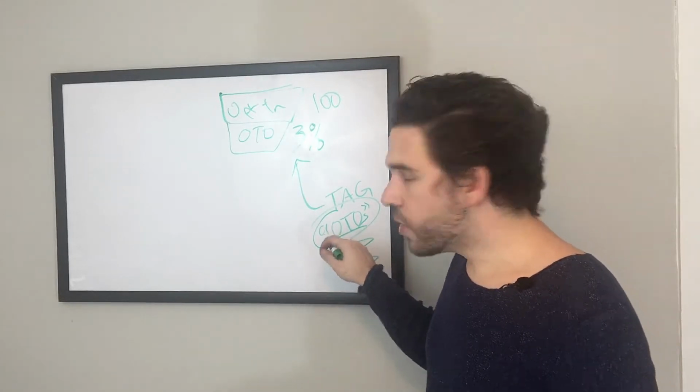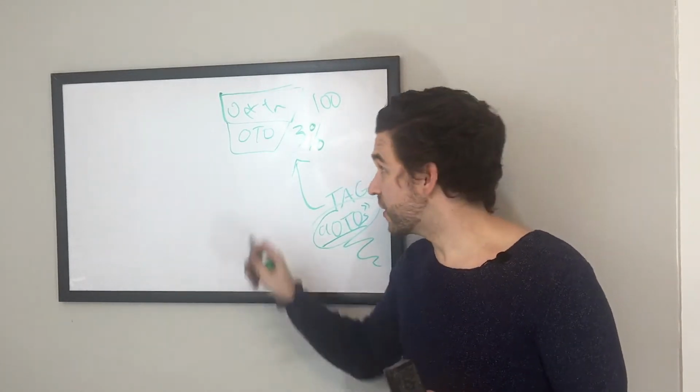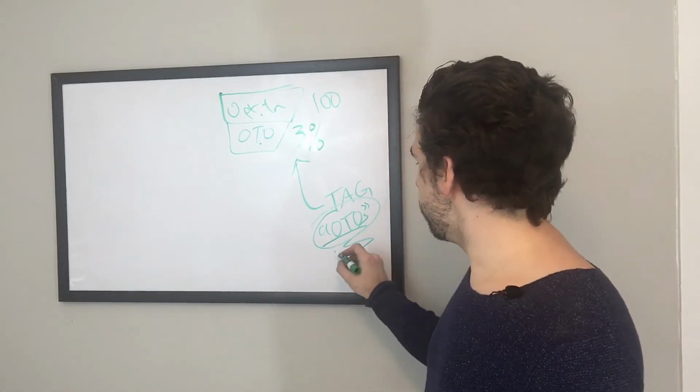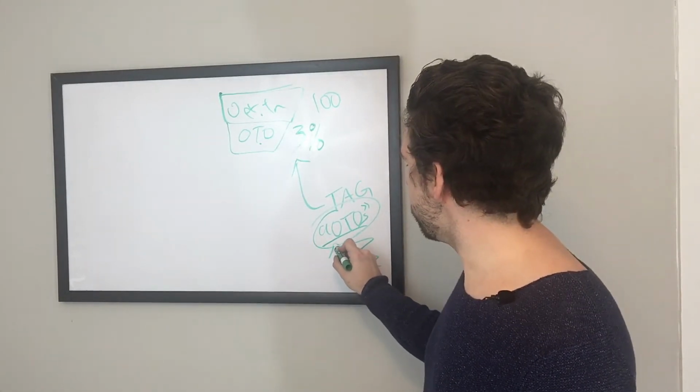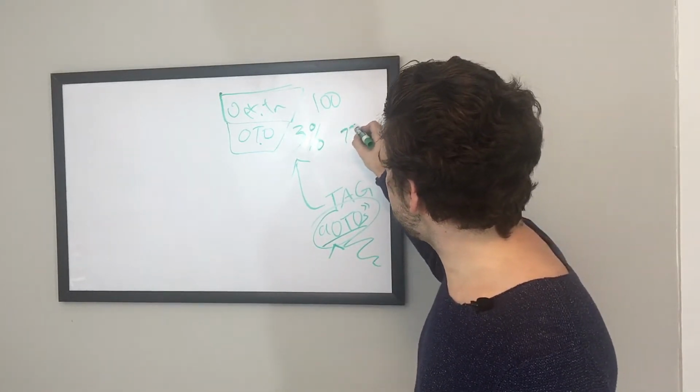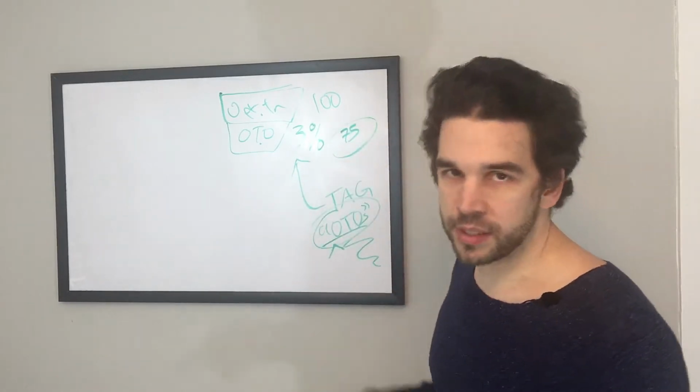Now, another cool thing is you've got their email address, because to get these two, they had to put in their email address. So what you can do is put all these emails, like let's say you did this for a few days and you got like 75 OTO opt-ins.